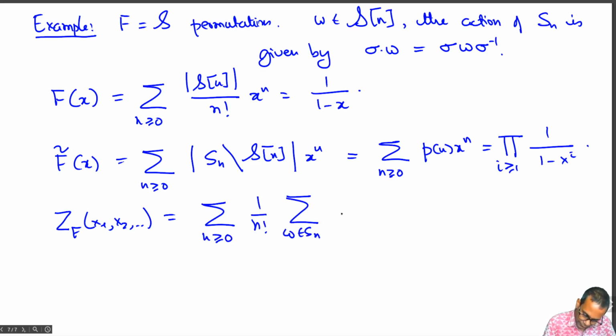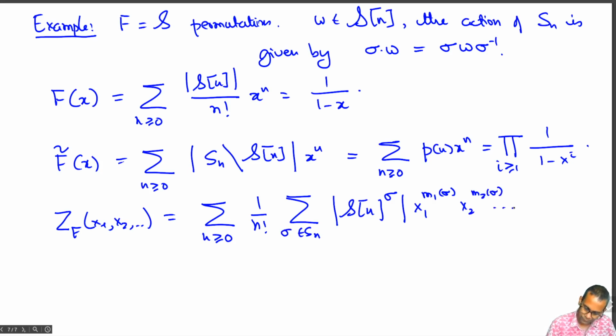We take the set of all permutations on the set 1 to n, take the fixed points under sigma, and then take x1 raised to m1 of sigma, x2 raised to m2 of sigma.